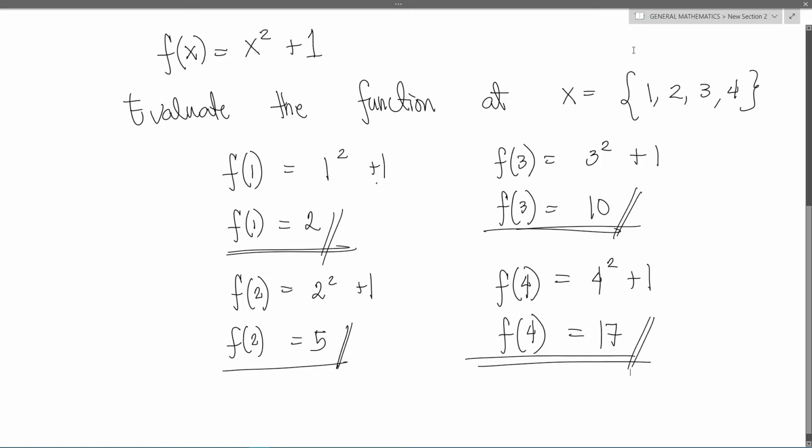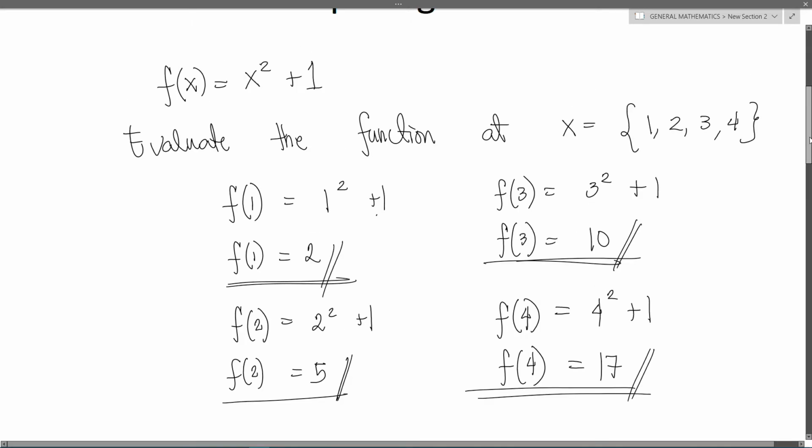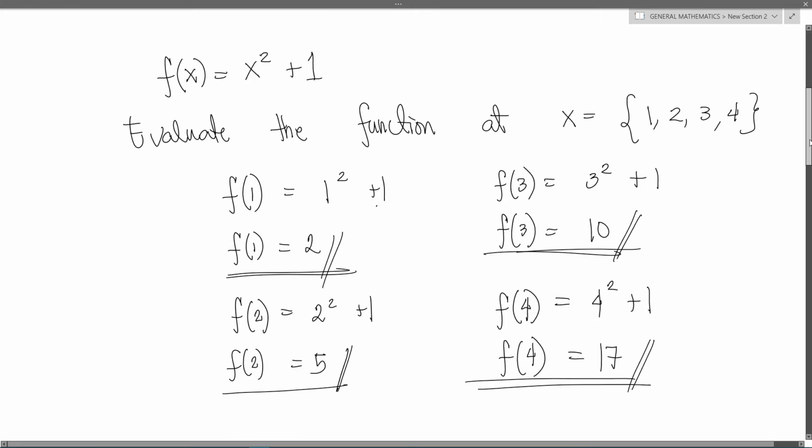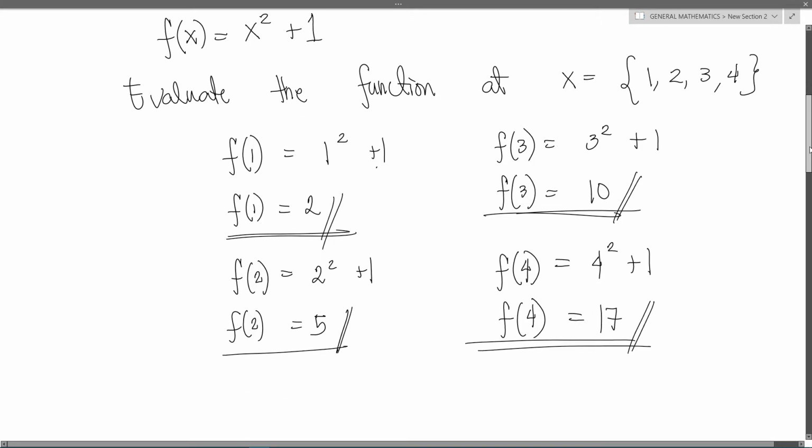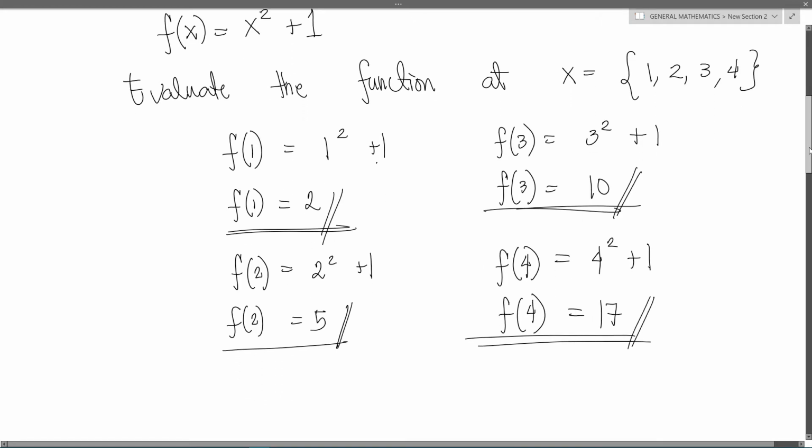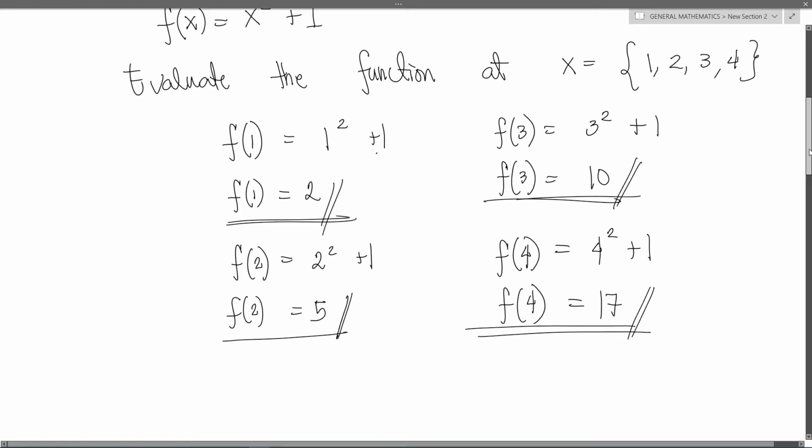So that's that. But keep in mind that it doesn't necessarily mean that you need numbers as input values when evaluating a function. You can also use mathematical expressions or even other variables when evaluating a function.